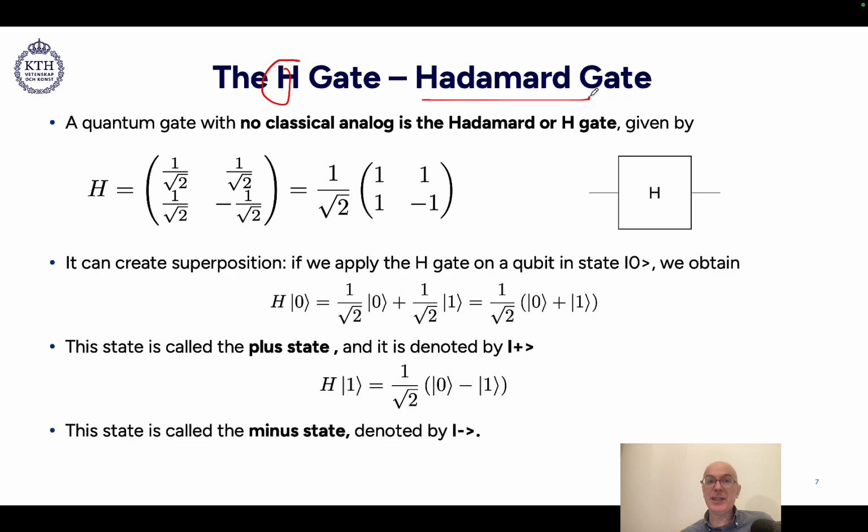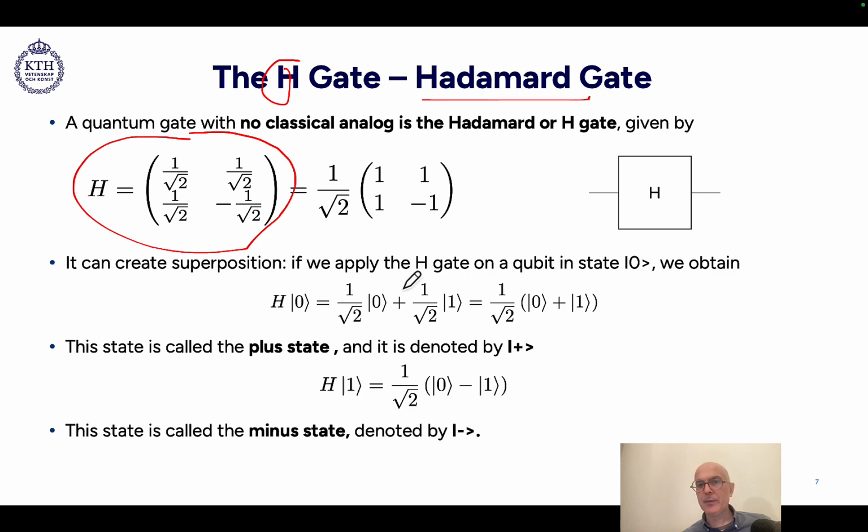And this is a gate that has no classical analog. So this is very, very important. The Hadamard gate has this matrix formulation, you see. And what is it doing? Well, the Hadamard gate is our door to quantum superposition. It can create superposition of states.